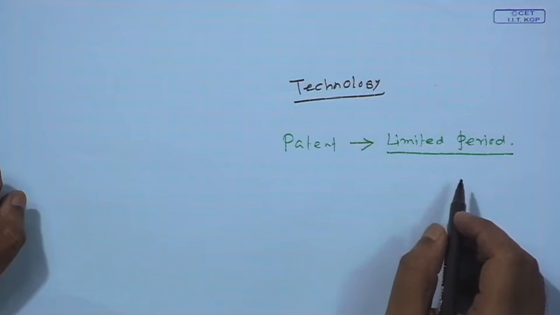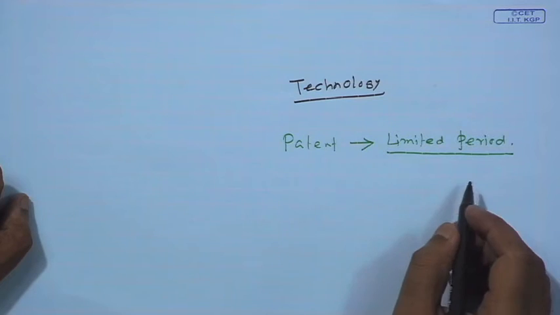Last class we discussed public good, which is non-rival, non-excludable. So limited period and exclusive right are the features of intellectual property rights. Within that period, it will not be treated as public good, it will be considered within the purview of private rights.